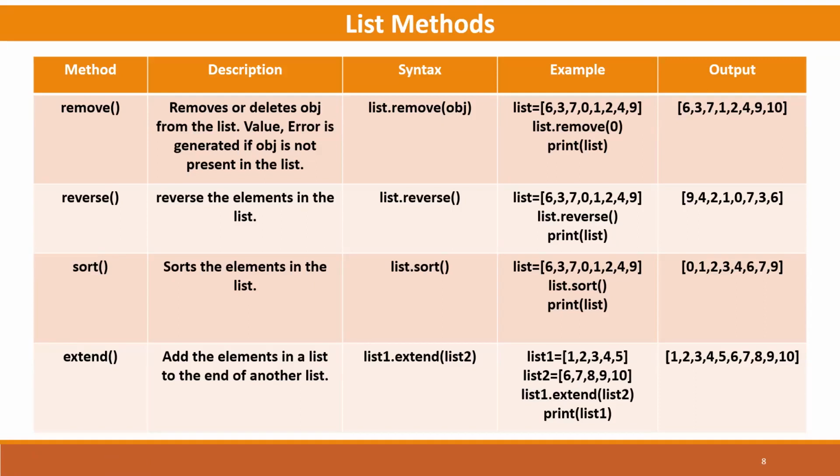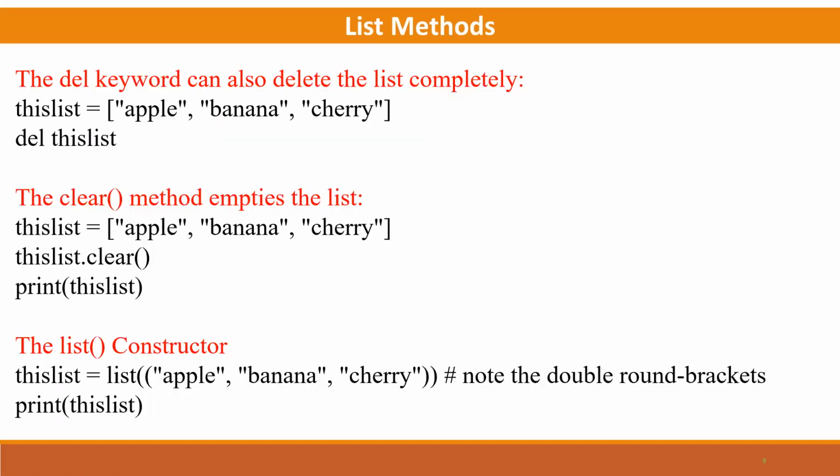When I'm calling the extend function, list1.extend(list2), what it does, the elements of list2 get appended at the end of list1. If I call list2.extend(list1), then the elements of list1 get appended at the end of list2. So that is the task of the extend function.